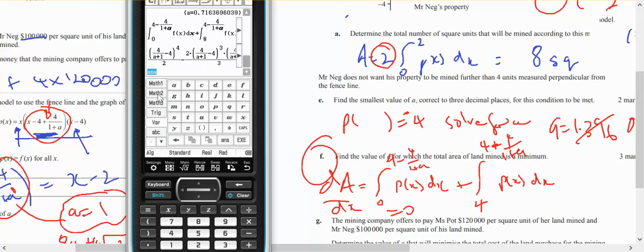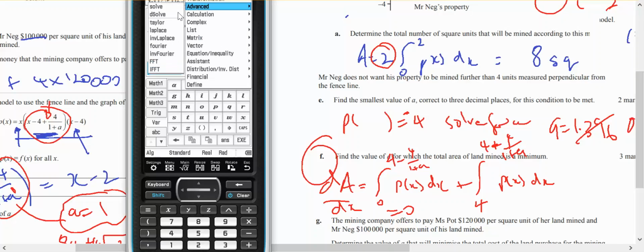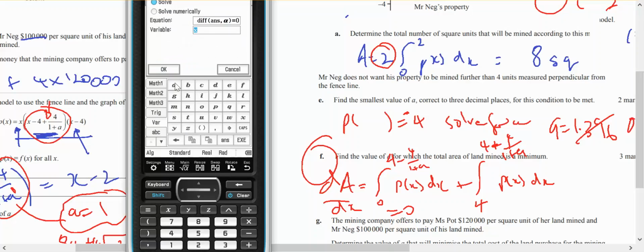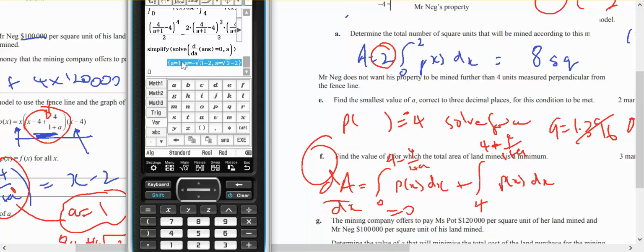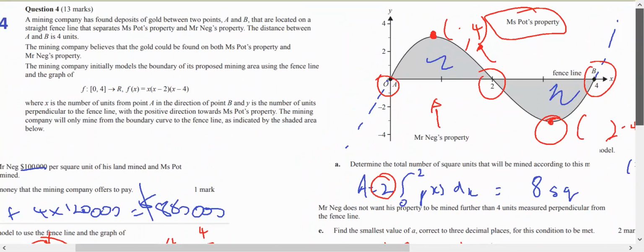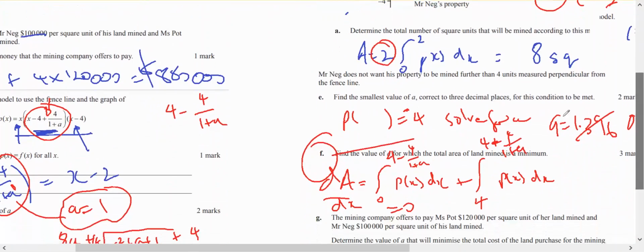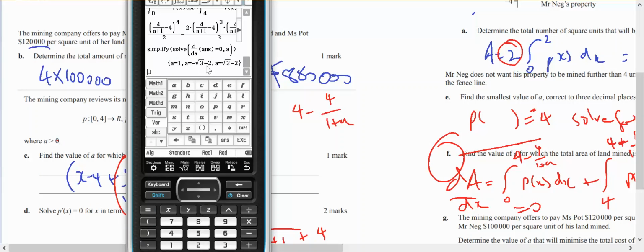It's all in terms of A, so I now take the derivative with respect to A, set equal to 0 and solve for A. Execute, and I get A equaling 1 for these two values. Equals 1.